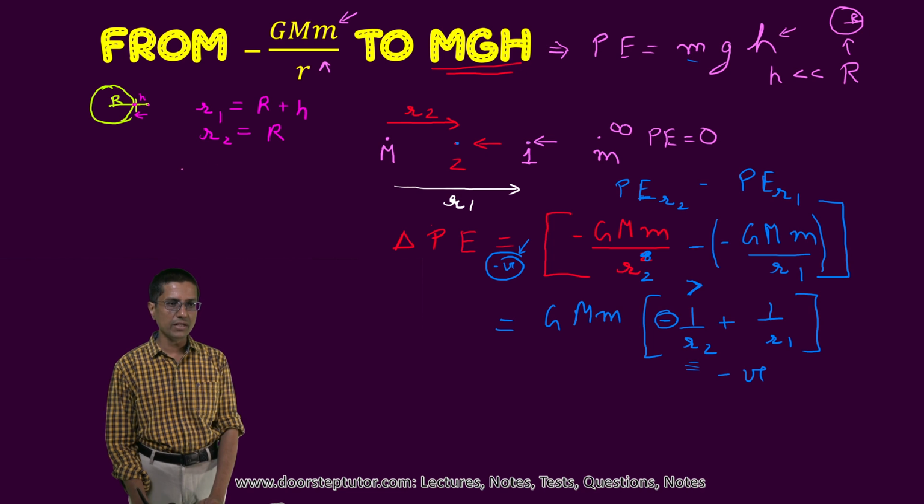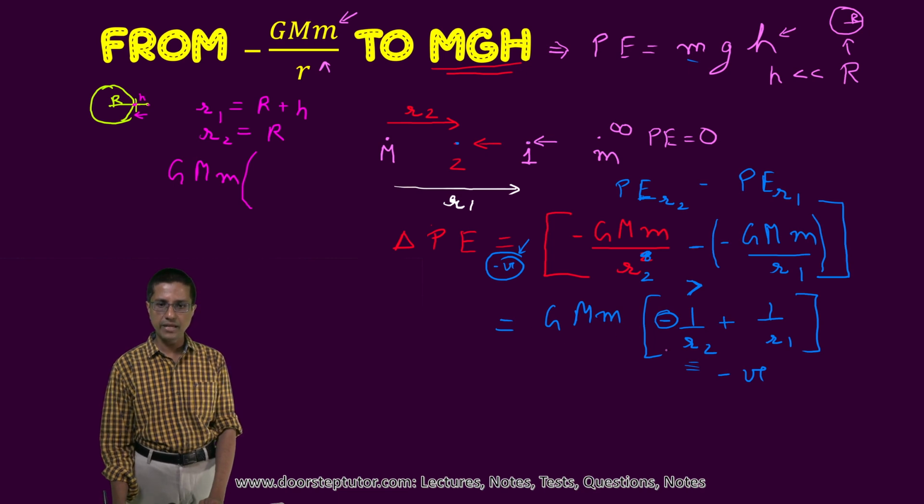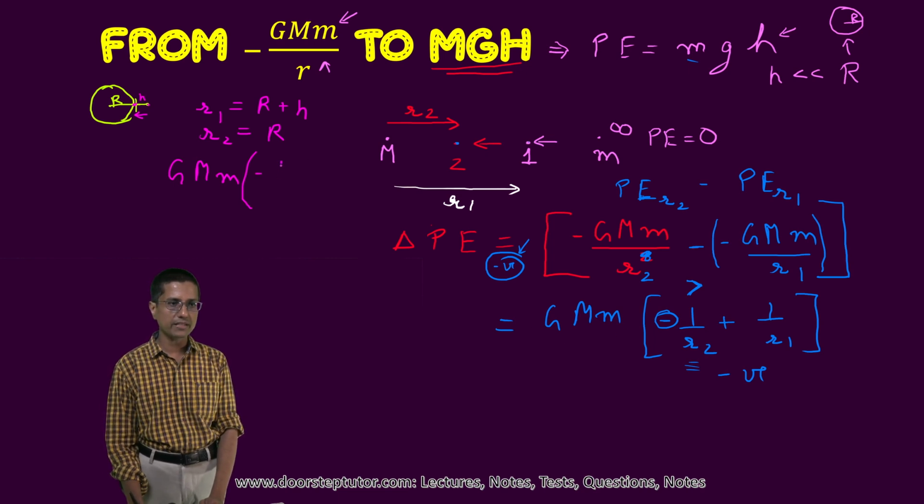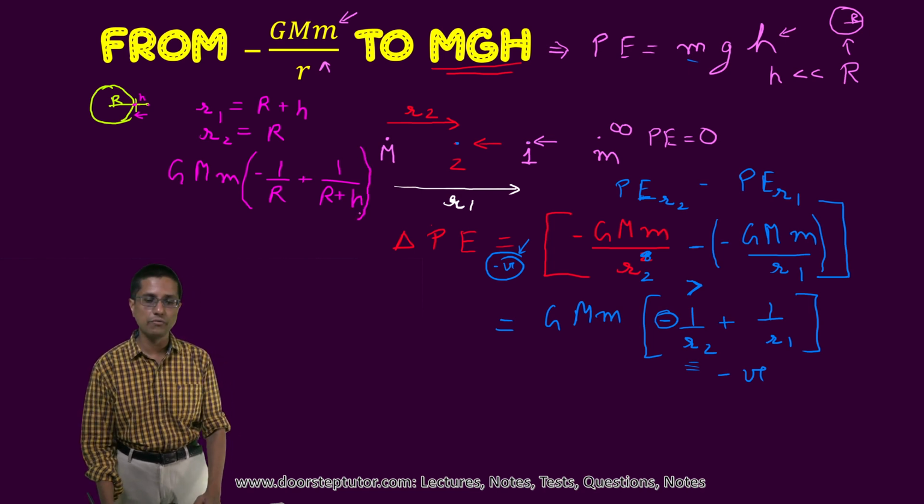Very simple, nothing complicated. GMm, and then I will use minus 1 by R2. So this becomes minus 1 by R plus 1 by R1, which is of course R plus H. So now we are getting somewhere.